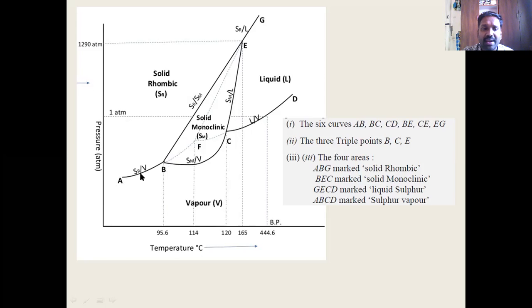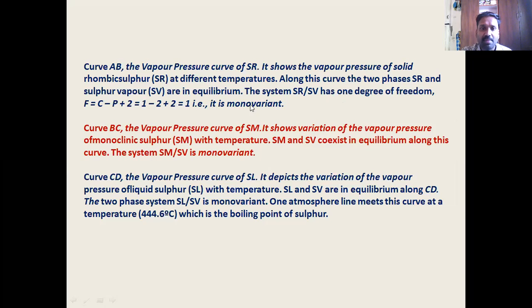So over a range of temperature at a given pressure, monovariant means one variable has to be specified for the existence of two phases. Okay, fine.